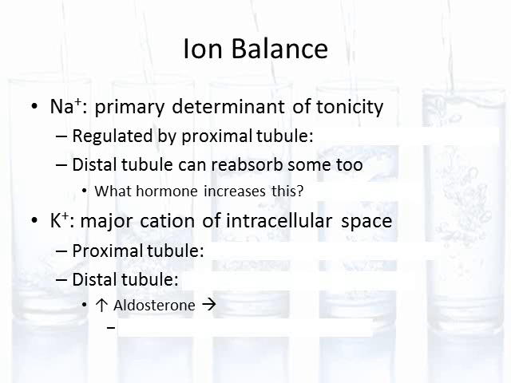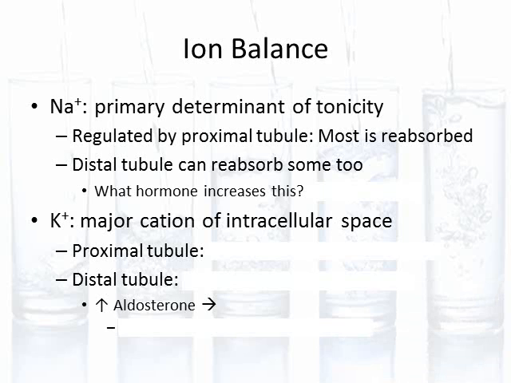Okay, as far as ion balance goes, a very important part of fluid balance is also ion balance. It's very key to know that sodium is the primary determinant of tonicity in the body. Whether your body fluid is hypertonic or hypotonic is primarily determined by the level of sodium you have in your body. This is going to be primarily regulated by the proximal tubule in the kidneys.